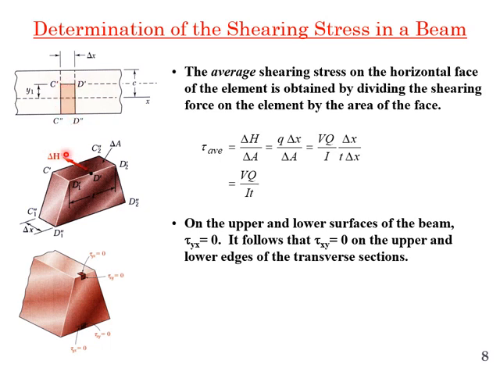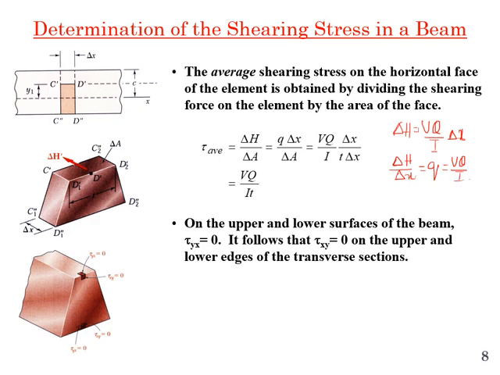We calculated the shear force delta H on this, and if you remember from the previous slide, delta H was equal to VQ divided by I into delta x, that we calculated previously, and delta H by delta x was equal to q, that is the shear flow, and that is VQ over I.